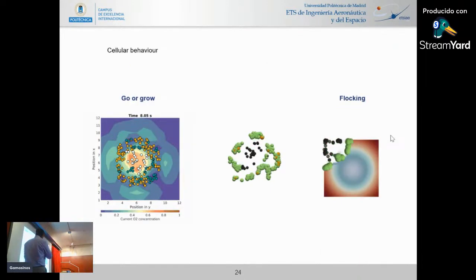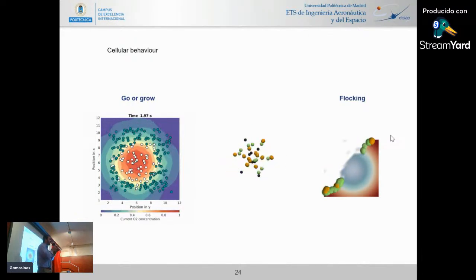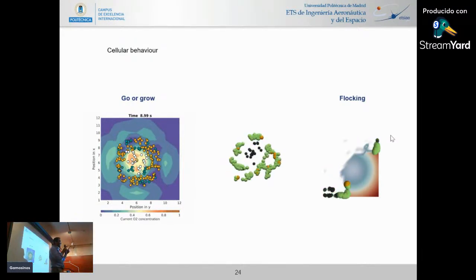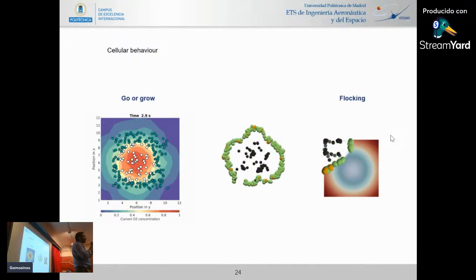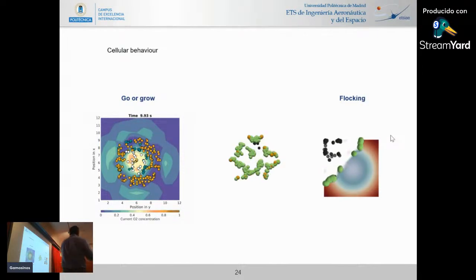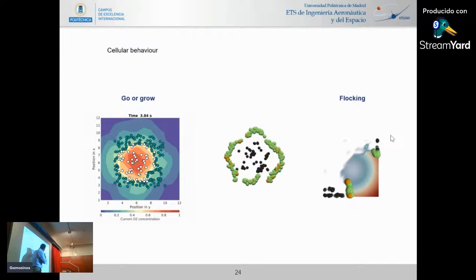So for the behavior of the cells, each individual has some parameters to govern its behavior, and at each point, depending on the information that you have, it makes a decision, going here or there, or staying quiet. And also there are rules for dying and so on.